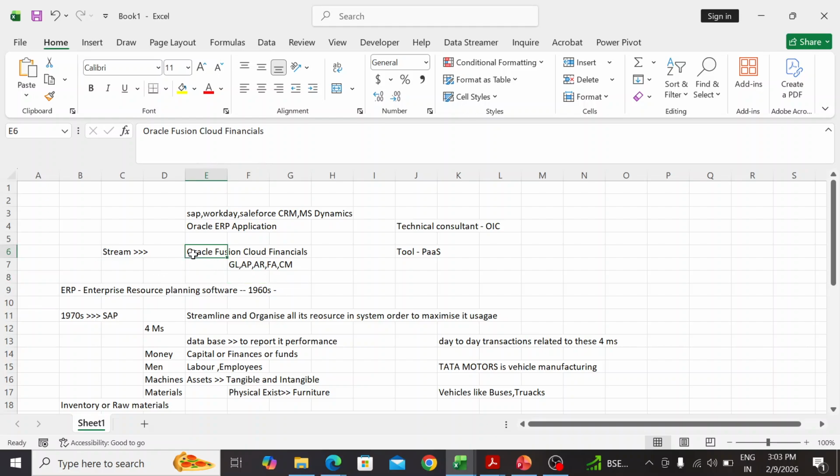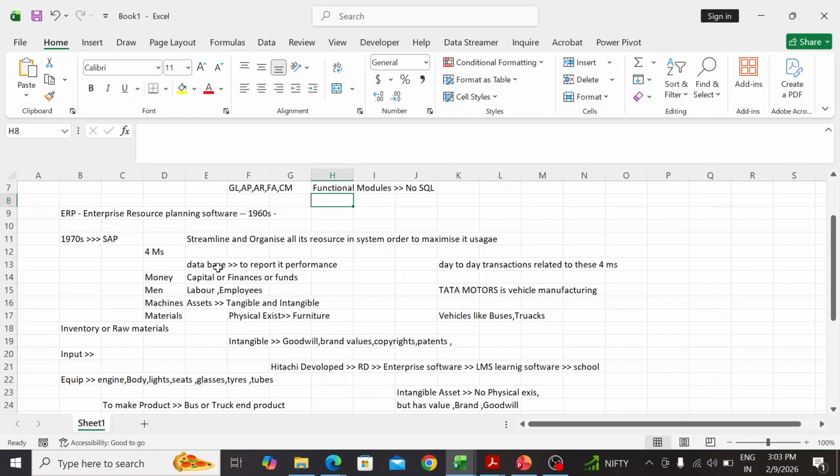As of now, what we have to learn in the ERP application is that Oracle Fusion Cloud Financials is one of the best streams, in which we learn general ledger, accounts payable, accounts receivable, fixed assets, and cash management. They are purely functional modules. There is no requirement of learning SQL queries. No SQL. Purely functional modules.